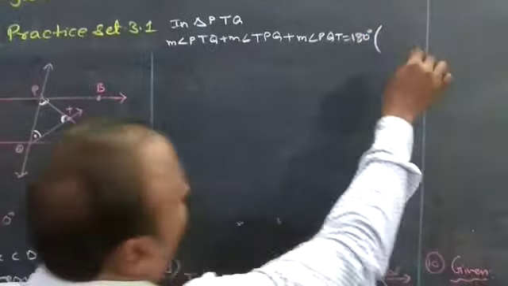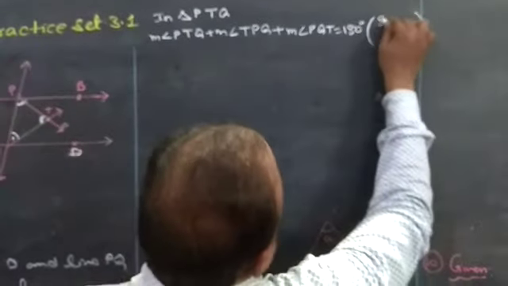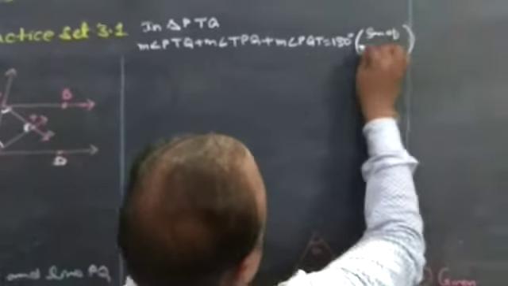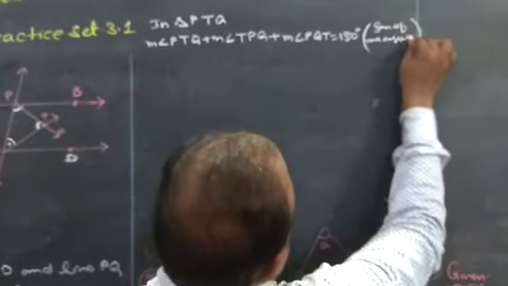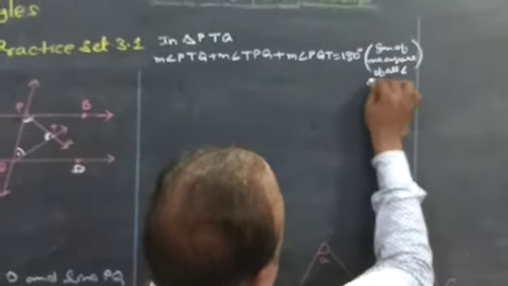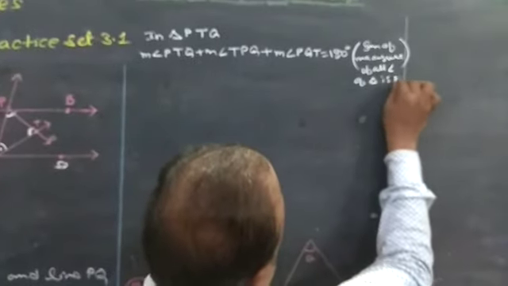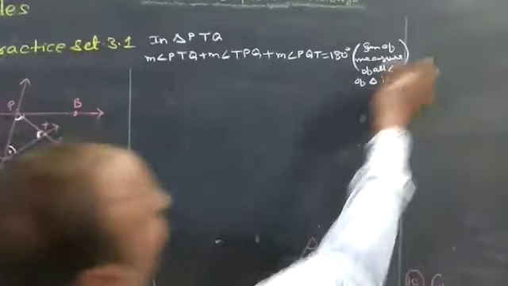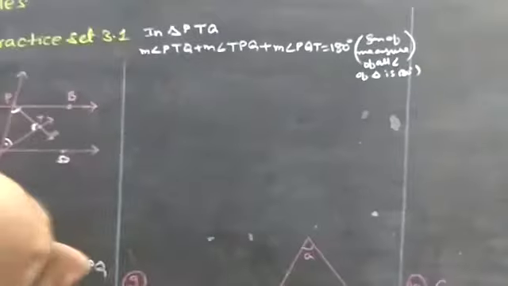What is the reason here? You have to write down that the sum of the measures of all angles of a triangle is 180. You can write in words; I am just writing it in symbol form.